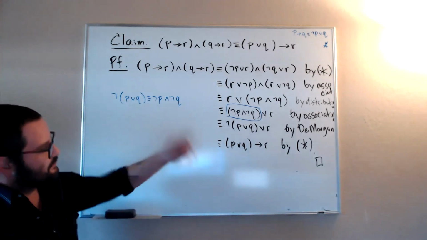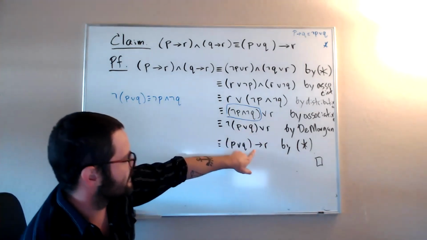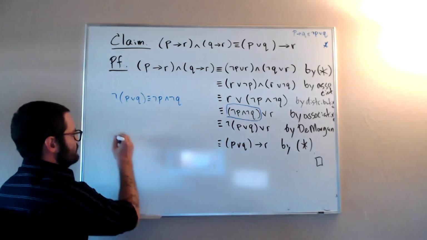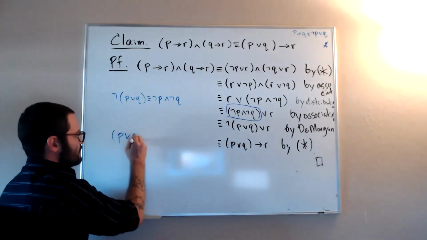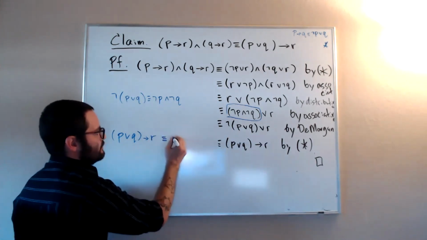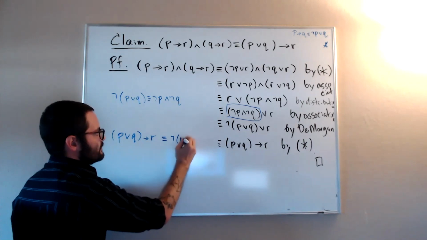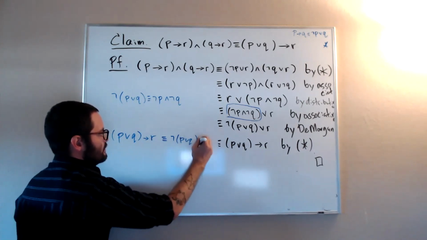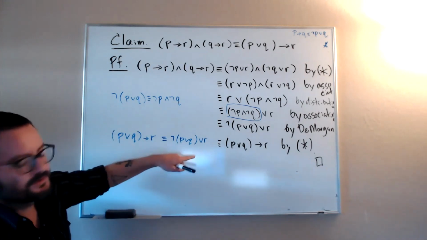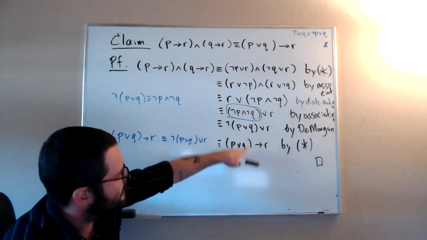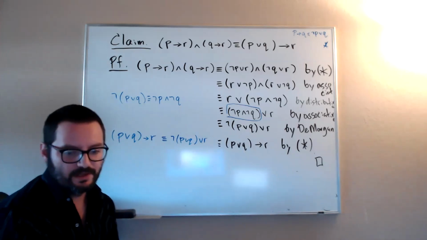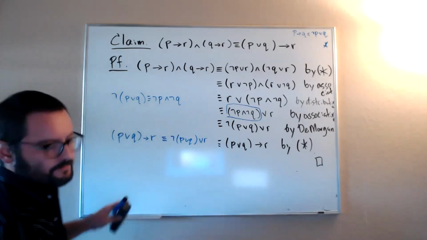For example, even right here, going from this to the implication, P or Q implies R, it's logically equivalent to the negation of the hypothesis, or R. So just because I go left to right, I can also go right to left, and that's what I did here, from there to there. Okay, so again, just please pay attention to that.